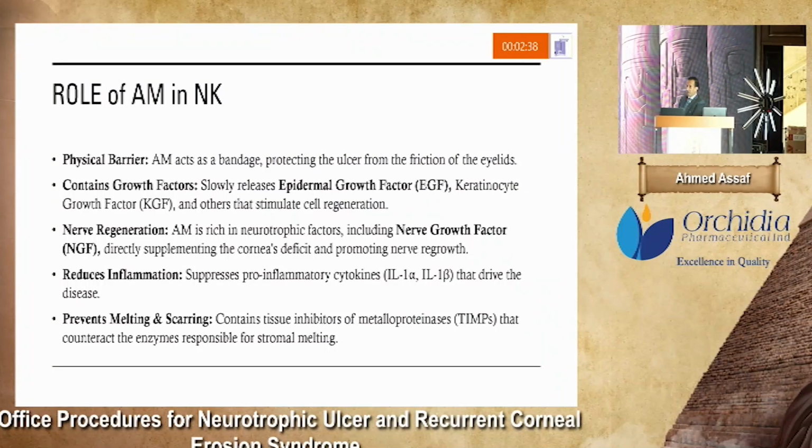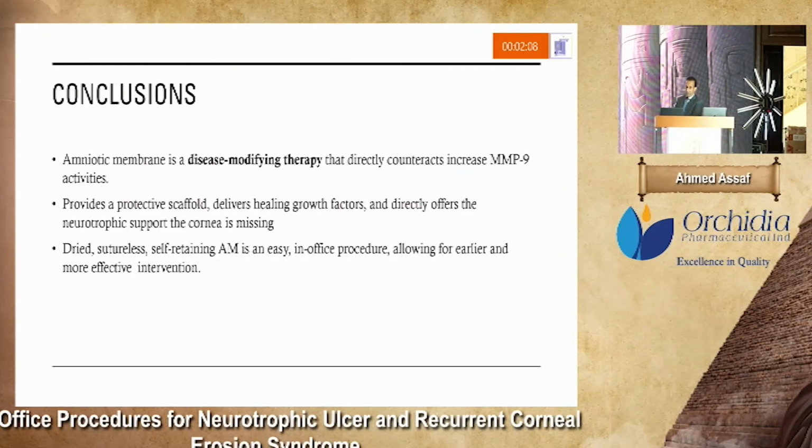So the role of an amniotic membrane in neurotrophic keratitis is to act as a physical barrier or a scaffold for the corneal epithelium, and it contains epidermal growth factors, as well as neurotrophic or nerve growth factors that are already lost due to the trigeminal nerve affection. And again, it reduces inflammation by counteracting the effect of MMP9 and MMP2 and blocking interleukin release, and of course prevents melting and scarring of the cornea.